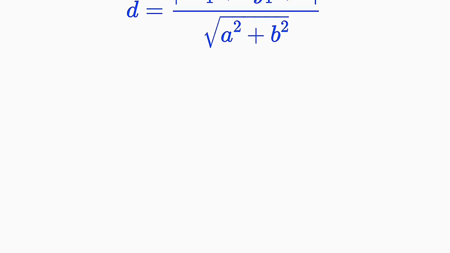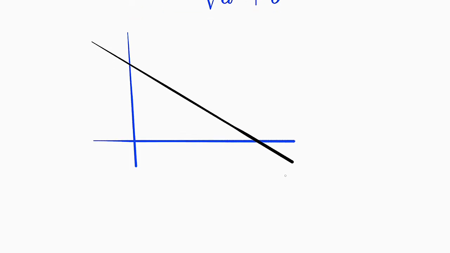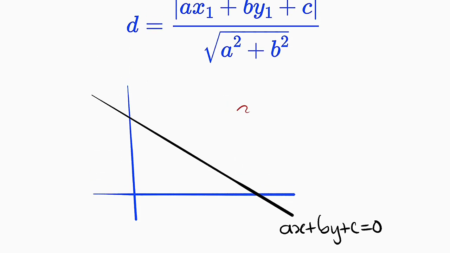Let's get started. I would like to draw my axis. This is the y-axis and this is the x-axis, roughly. And this is the line I'm talking about. So this is the line which has the equation ax plus by plus c equals 0. And let's assume we have a point situated here.